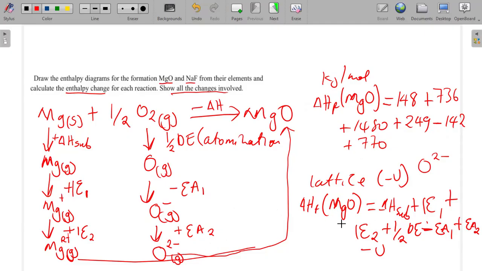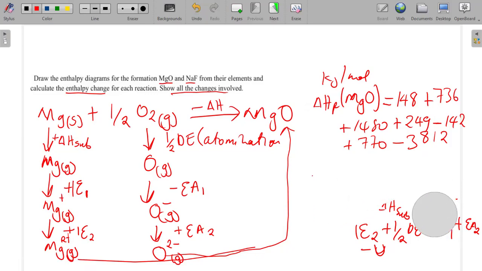Then we get the lattice energy for the formation of magnesium oxide there, which is negative. So since we have a negative lattice energy there, we're going to get negative 3812. So these are in kilojoules per mole. Now we can calculate.